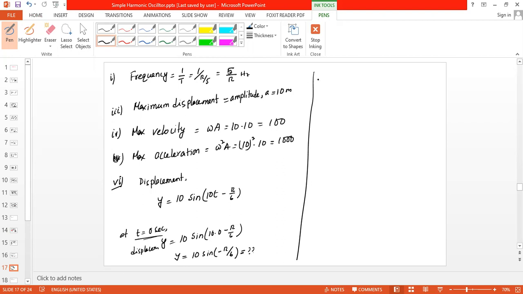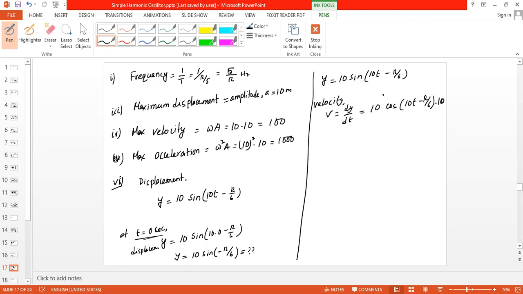And again, since my displacement y equal to 10 sine (10t minus pi by 6), what should be the velocity? How do we get velocity? Velocity v equal to dy by dt, and that means you have to differentiate this. If you differentiate, sine will give you cos (10t minus pi by 6) multiplied by 10.